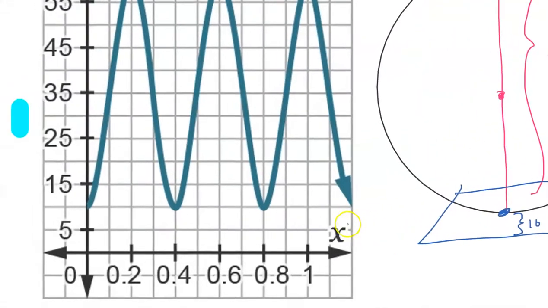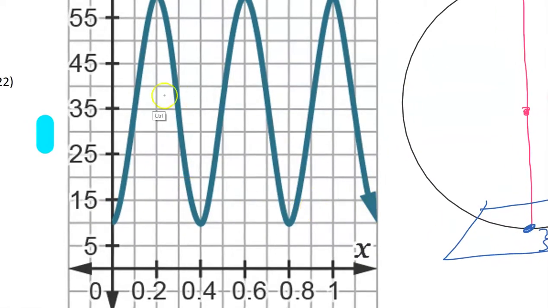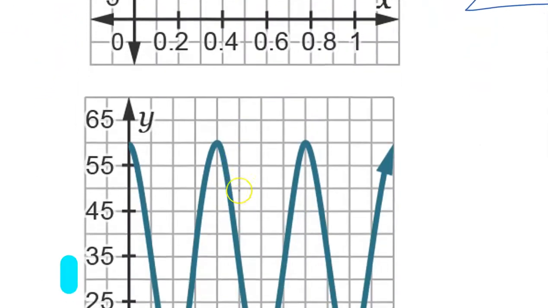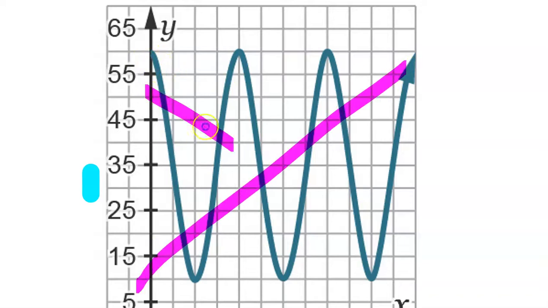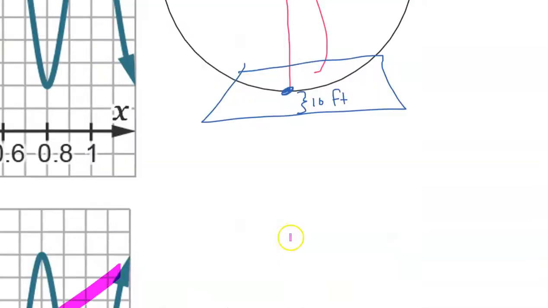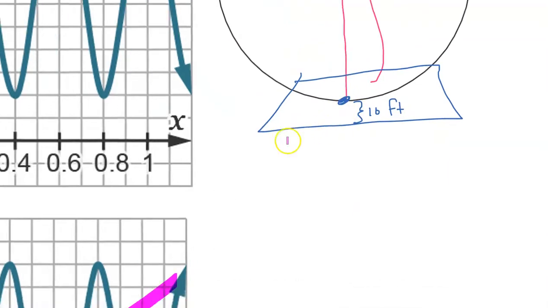So only a graph that starts low and then goes high is going to make sense. People are boarding at the bottom of the Ferris wheel and then they go up. So this graph looks good in that sense. But for example, I can throw out this one because no one's going to board this Ferris wheel 60 feet in the air. That's not happening. They're boarding at the 10-foot level, way down at the bottom, and then they go up.